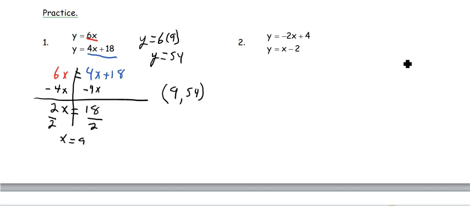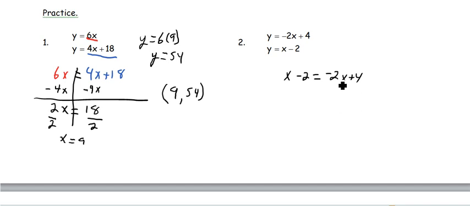All right, let's do number 2. So I can say that x minus 2 equals negative 2x plus 4. Notice my y's are isolated by themselves.